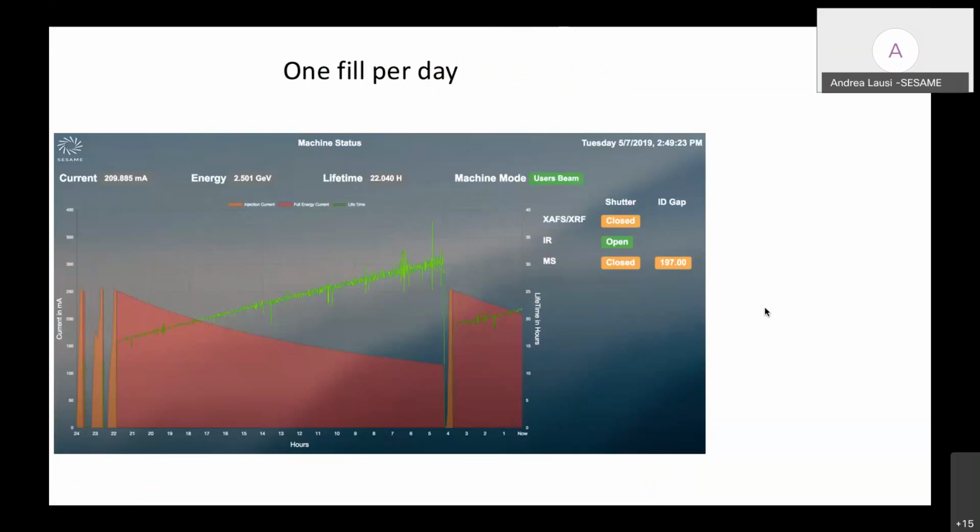SESAME is not a top-up machine, so we have a decrease in the intensity of the beam during the day because of electrons running and hitting residual gas in the vacuum pipe, and so we inject every day. But apart from this one hour, half an hour, depends on chance and the idiosyncrasies of the machine.